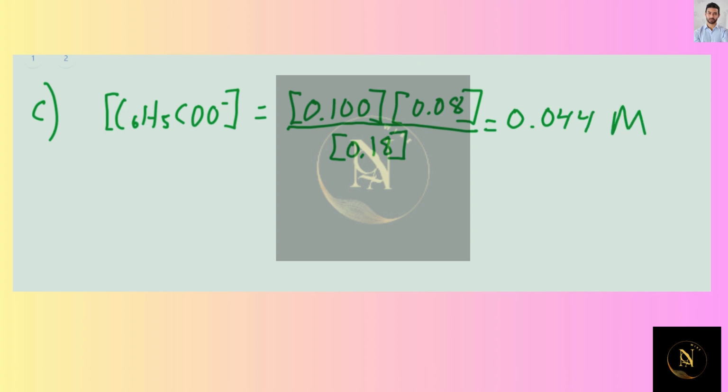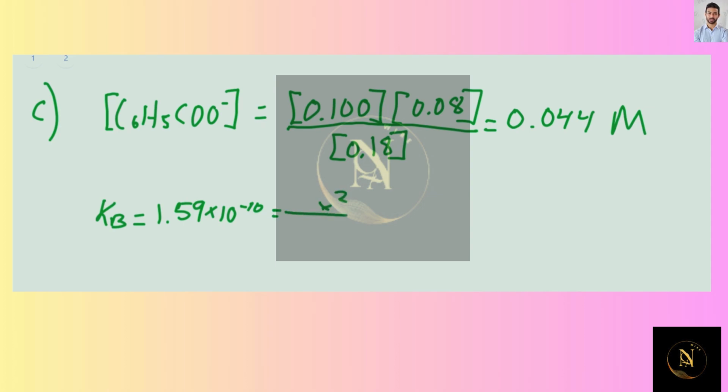So now our expression will be the same as on the last page with a different Kb. So this time the Kb is 1.59 times 10 to the minus 10, which we get from the Ka. We're dividing 1 times 10 to the minus 14 by the Ka of benzoic acid.